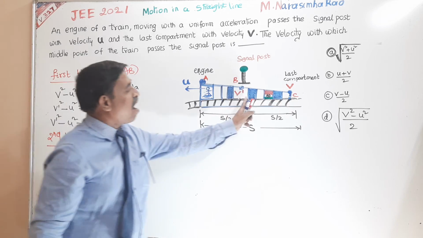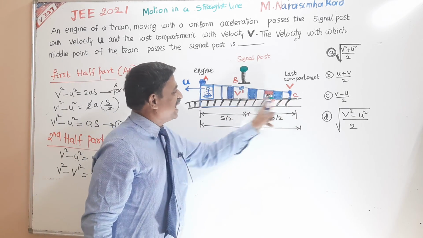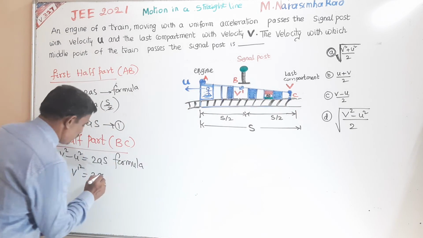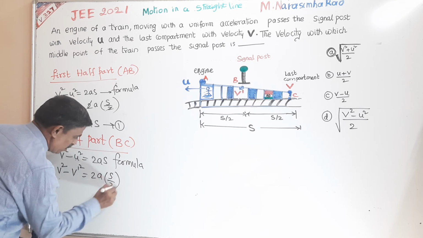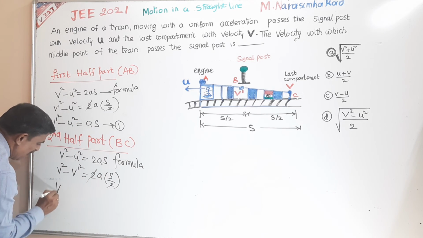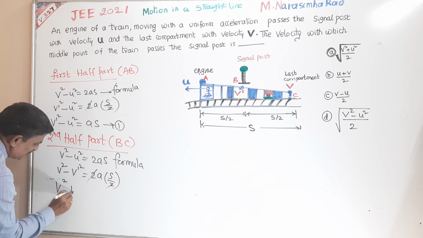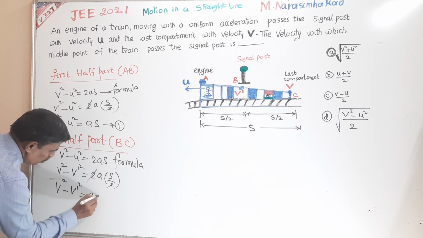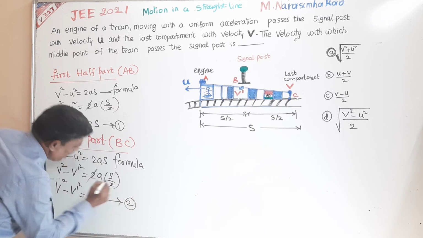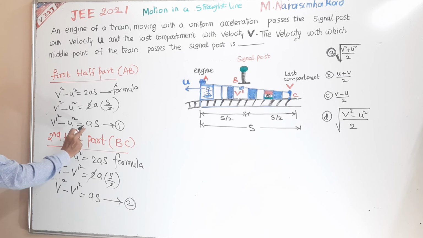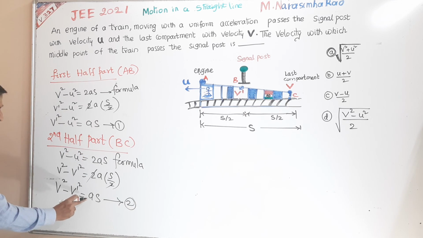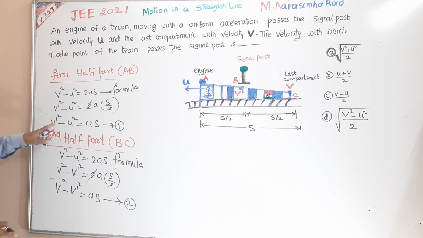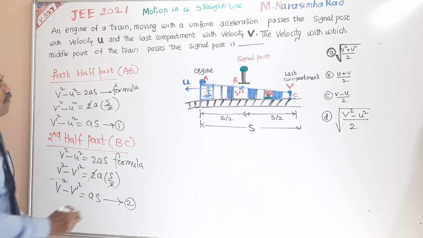For the half of the train, the distance is S by 2, so the 2 gets cancelled. V square minus V dash square is equal to AS. This is equation 2.